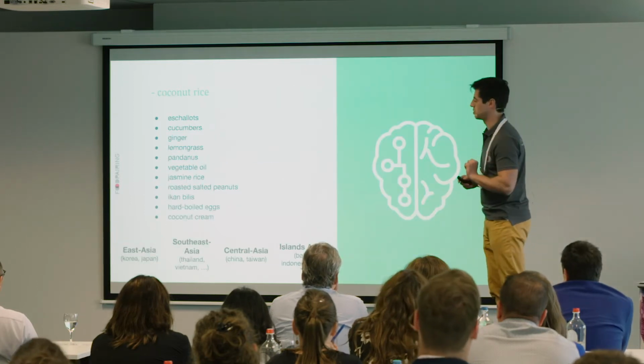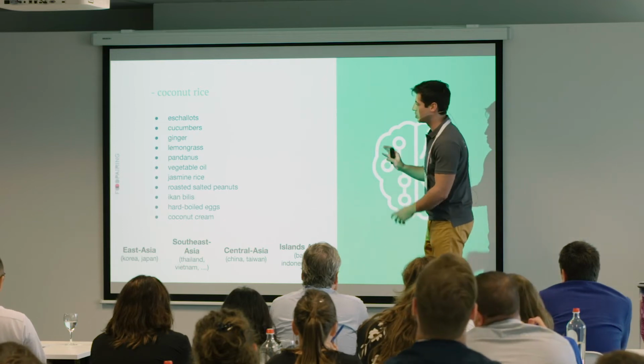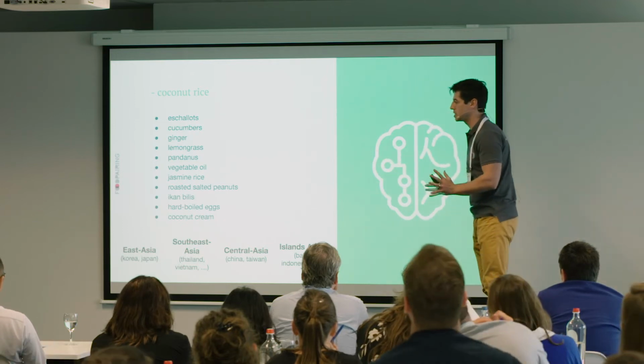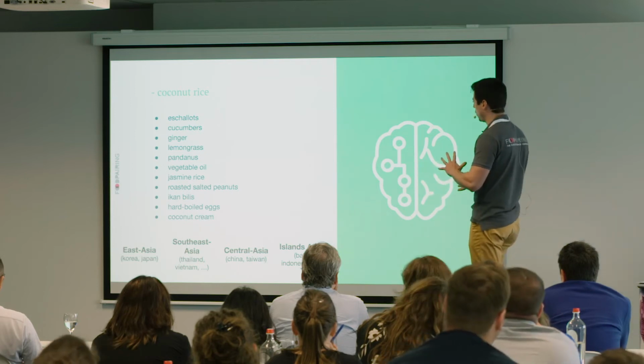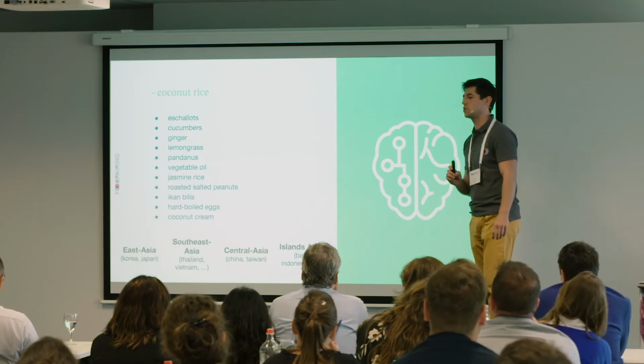Second one, a bit more tricky. We have coconut rice with some eschalots, cucumber, ginger, lemongrass, pandanus, vegetable oil, jasmine rice, ikan bilis, and coconut cream in there.